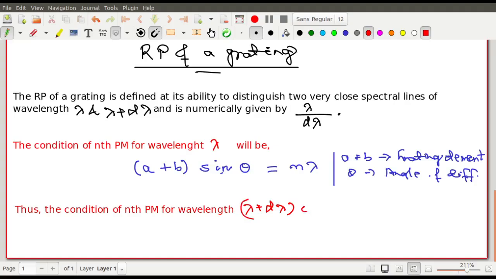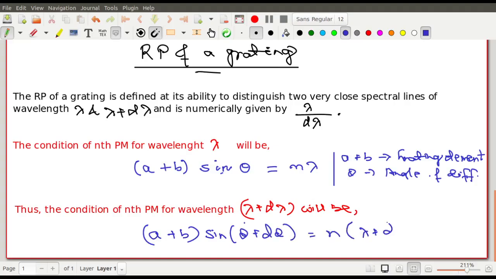Lambda plus d lambda will be a bit separated, so you write a plus b sin of theta plus d theta equals n of lambda plus d lambda. Whatever I did, I changed lambda to lambda plus d lambda and theta to theta plus d theta.